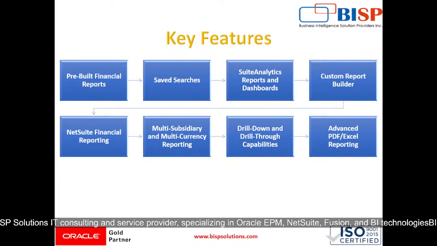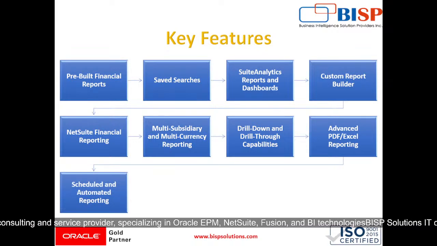It supports custom formatting and branding for professional reports. Ninth is our scheduling and automated reporting. It allows scheduling reports to be automatically generated and emailed to stakeholders, and it also reduces manual efforts and improves efficiency.